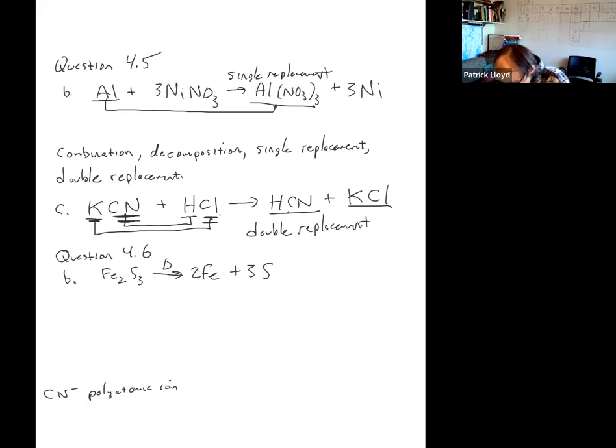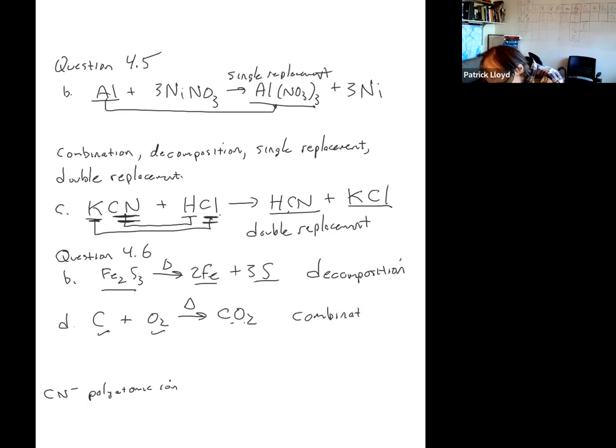One substance breaking into two, decomposition. Okay, let's look at question 4.6D. Carbon plus O2 in heat goes to carbon dioxide. One element, another element, the two of them combining together, combination.